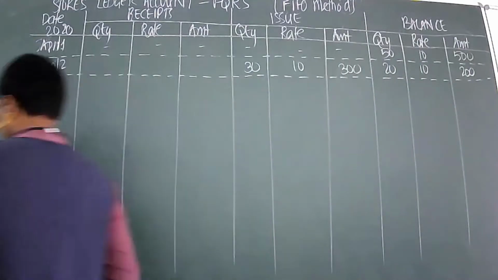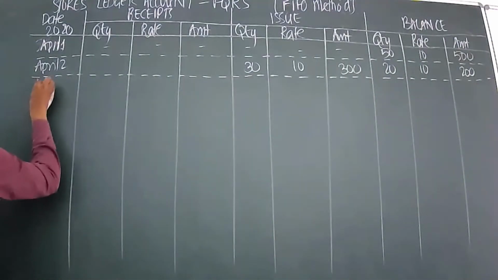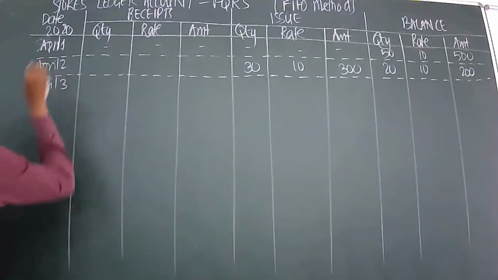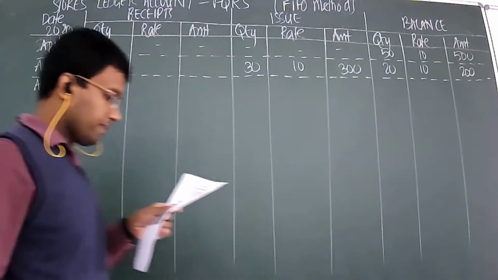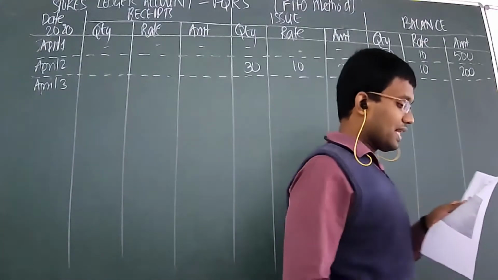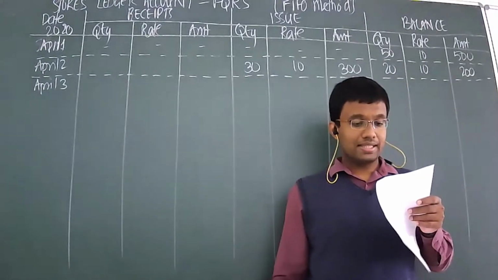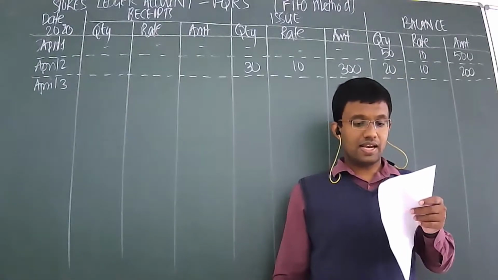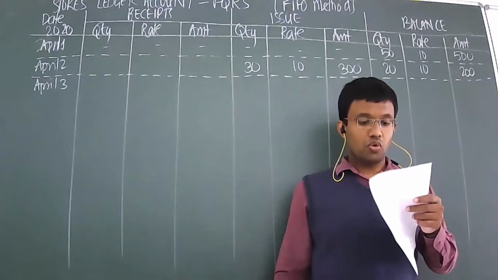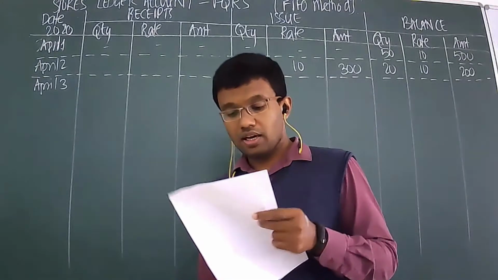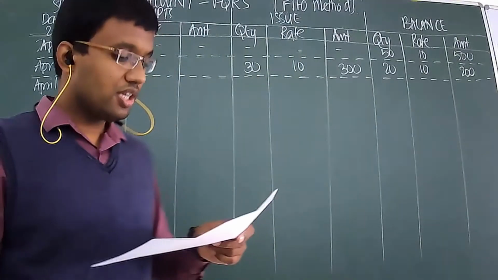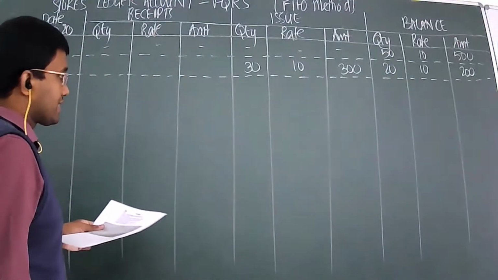Next, April 3rd. On April 3rd, the question tells you received balance 60 tons at the rate 10.2. What they have done here is give us an additional terminology to confuse us.